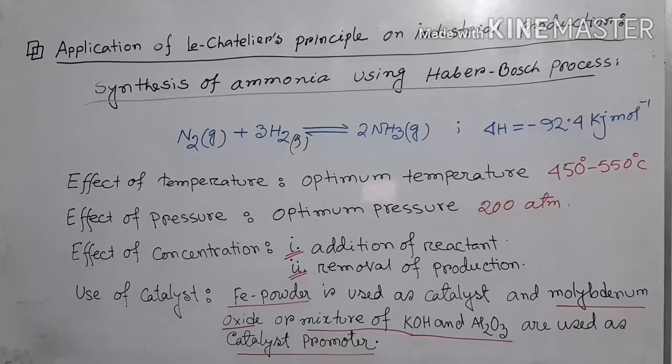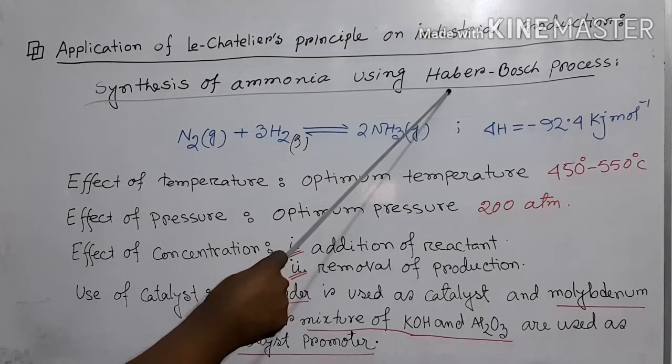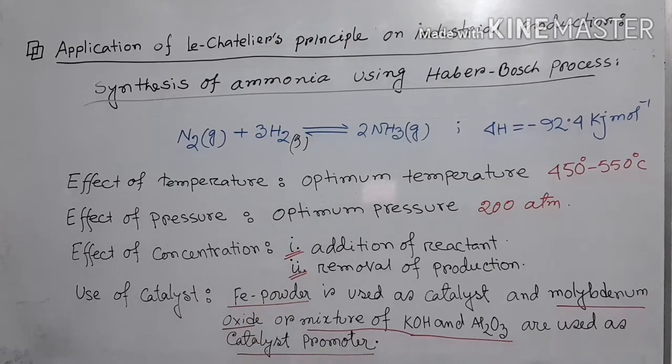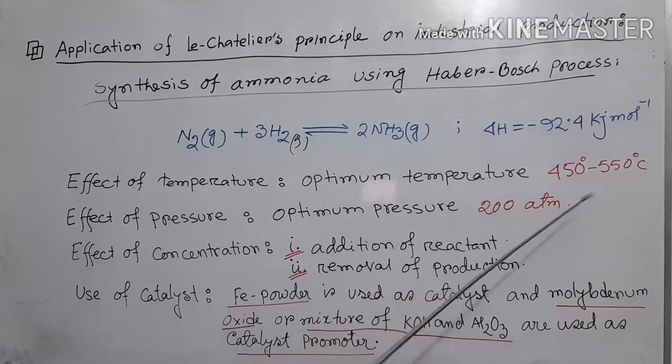Hence, to increase the rate of reaction, a favorable temperature is selected at which the rate of reaction and total production become profitable. This temperature is known as optimum temperature. In Haber-Bosch process, the optimum temperature is 450 to 550 degree centigrade.